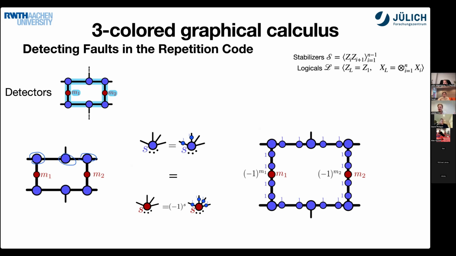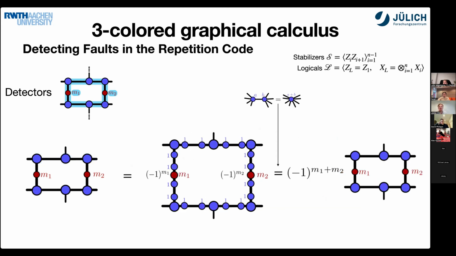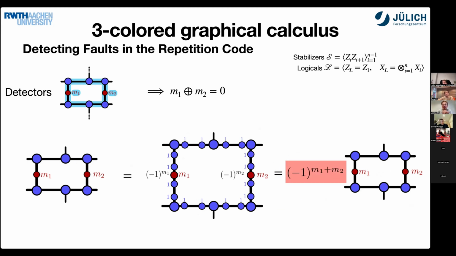And we will get the same tensor network. Now on the right, we can then use the fusion rule, for example, or just realize that Z squared is identity to find that this left tensor network is actually the same as the one on the right with a constraint on our measurement outcomes. And this constraint, that the sum of the measurement outcomes has to be 0 in order for the left and the right tensor network to actually be the same, then allows us to do error correction.